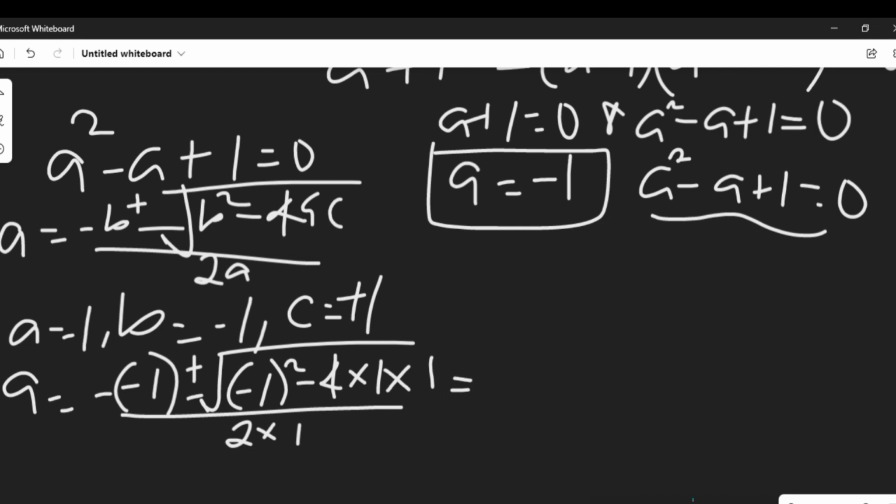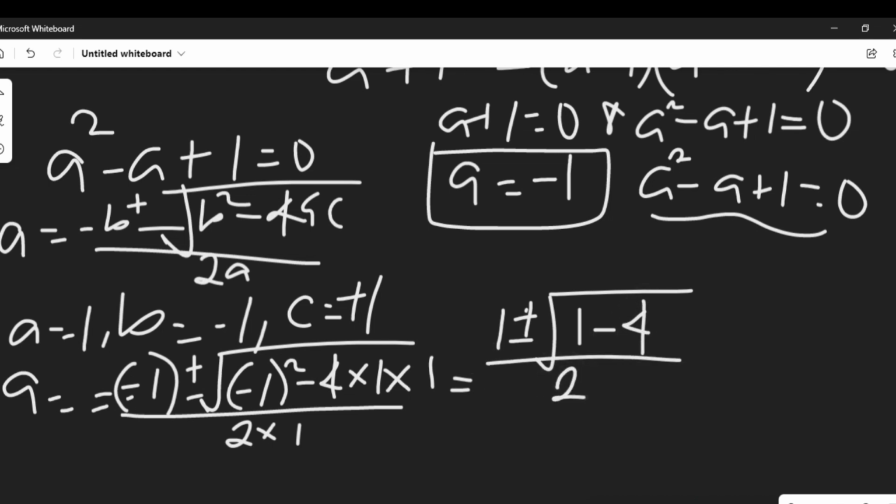So minus times minus will give us plus. So we'll have 1 plus or minus the square root of what? Minus 1 squared will give us 1, minus times minus 4 times 1 will give us minus 4. So this will give us minus 4 all over 2.